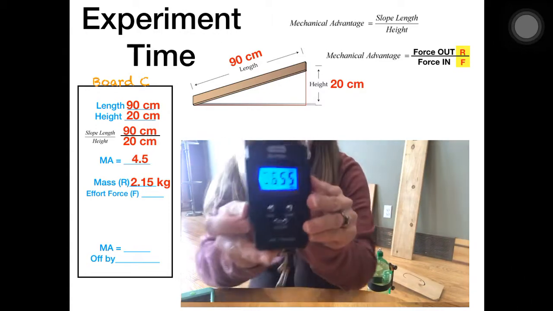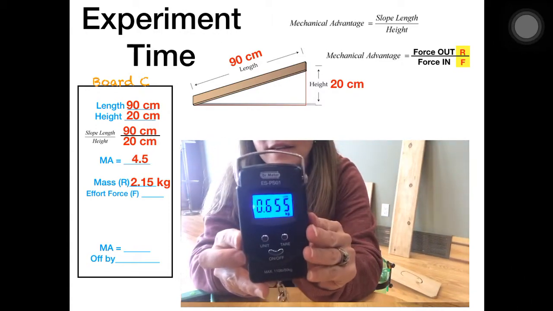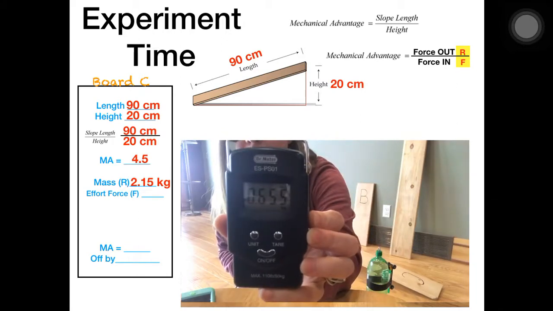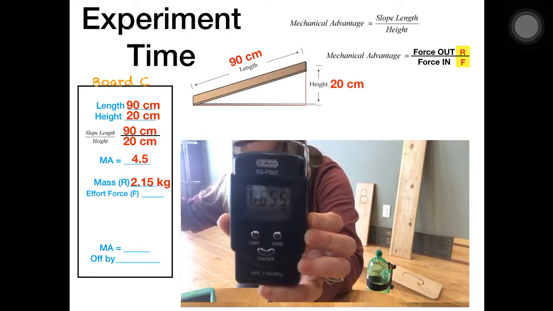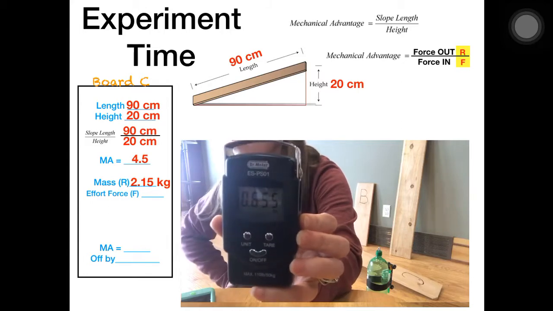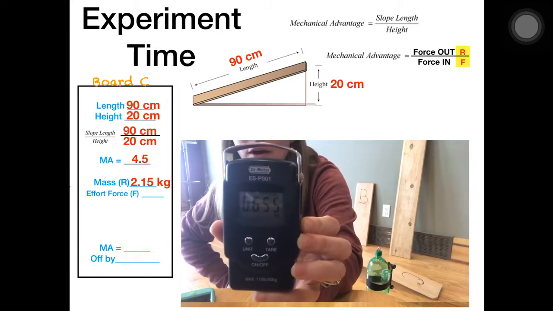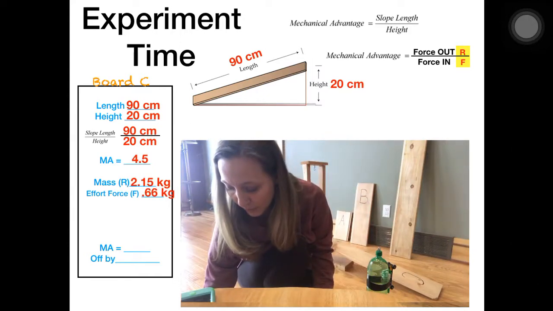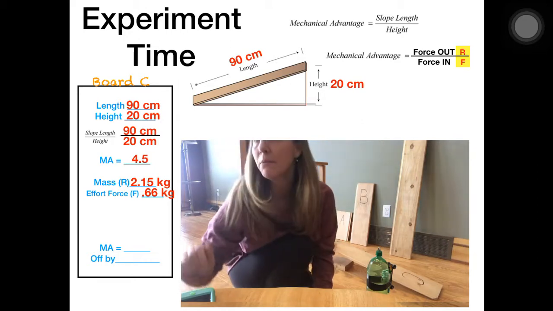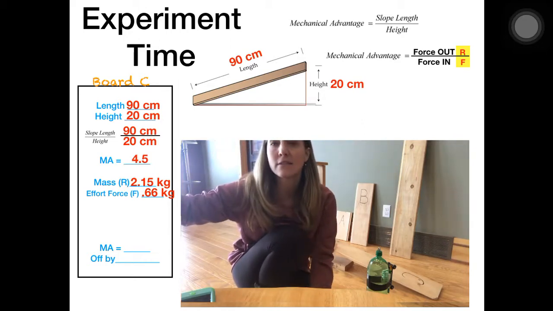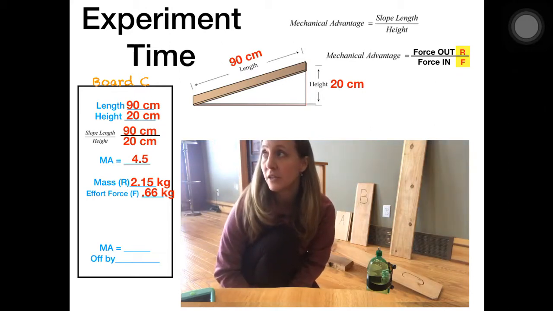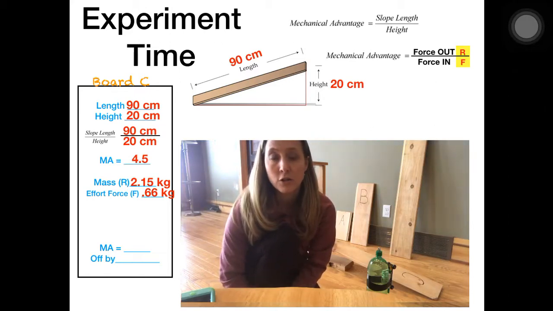We get a 0.655. So if we're going to use 2 decimal points, we can round that to 0.66. Okay? So I'm going to write that down, and you can fill it in too. Okay, 0.66. And now we have both the numbers that we need to do our division to find the mechanical advantage using our forces.